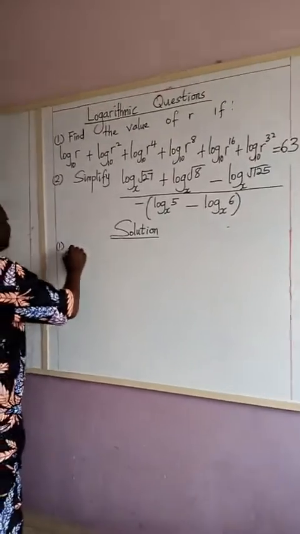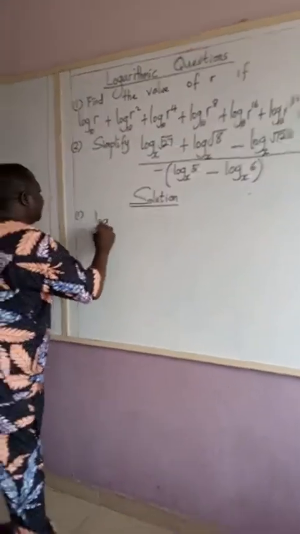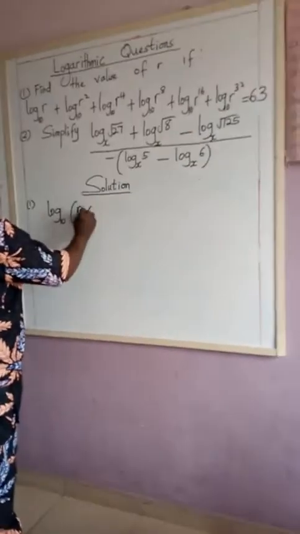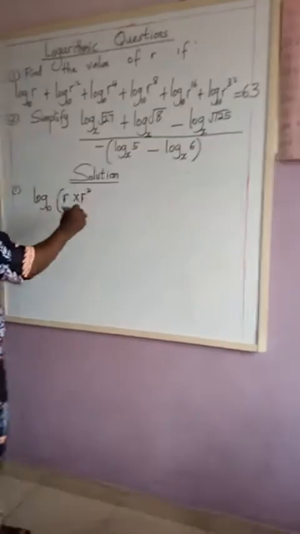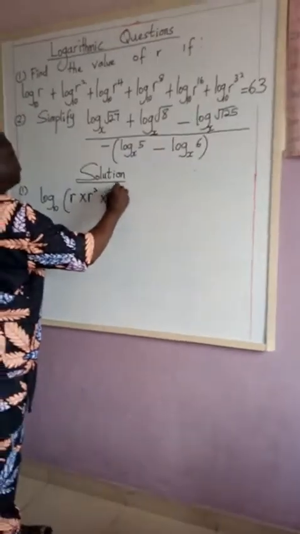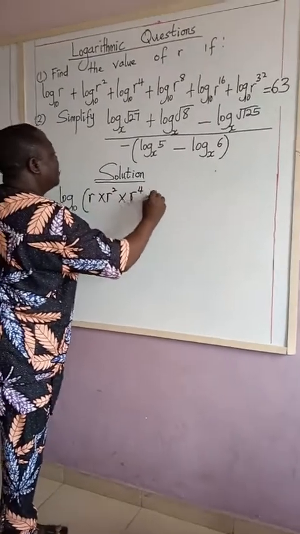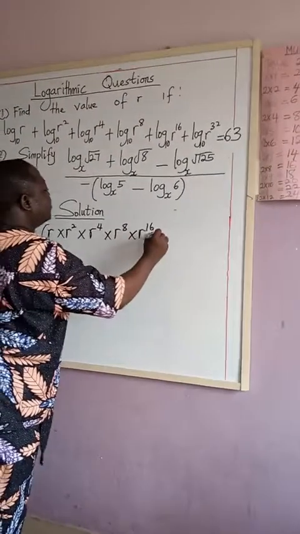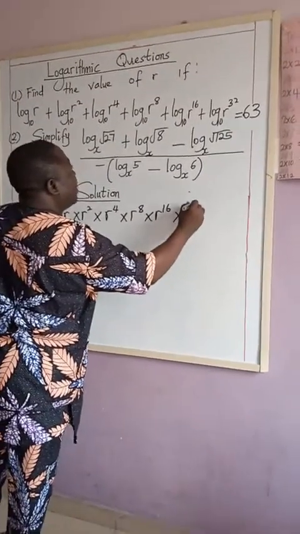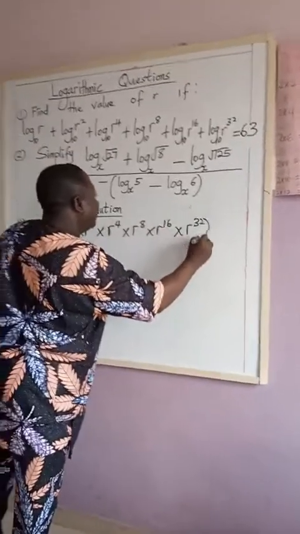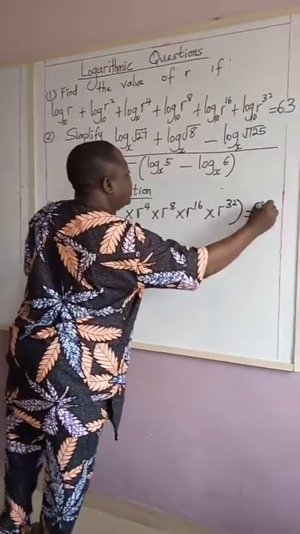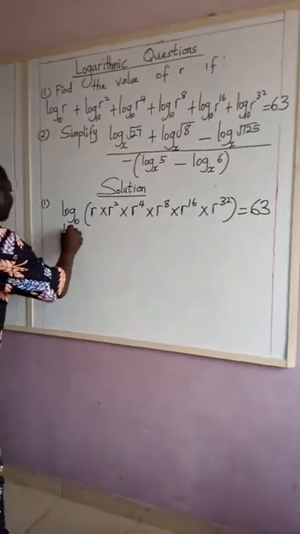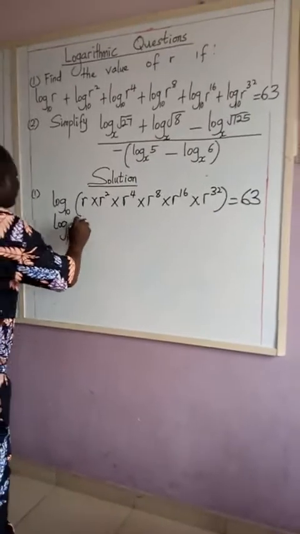So this becomes logarithm in base 10 of r times r raised to power 2 times r raised to power 4 times r raised to power 8 times r raised to power 16 times r raised to power 32 is equal to 63. Then this is now equal to logarithm in base 10 of.